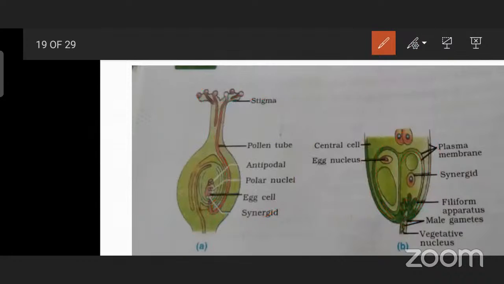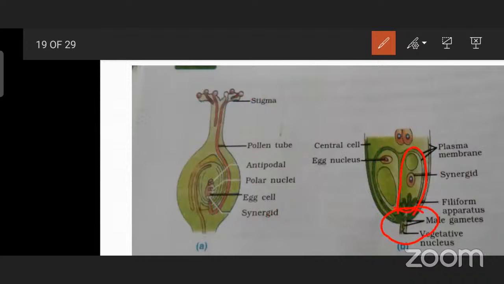So after entering one of the synergids, the pollen tube bursts and releases the two male gametes. Here, these are the two male gametes in the cytoplasm of the synergid.